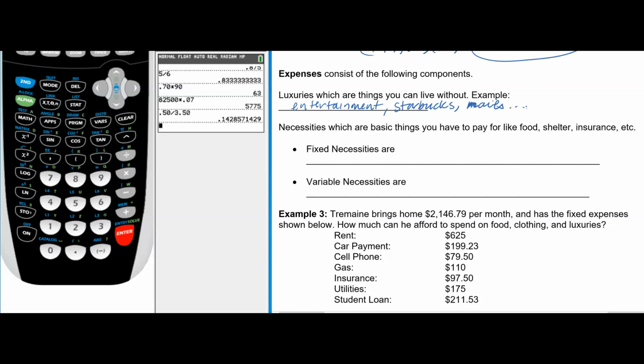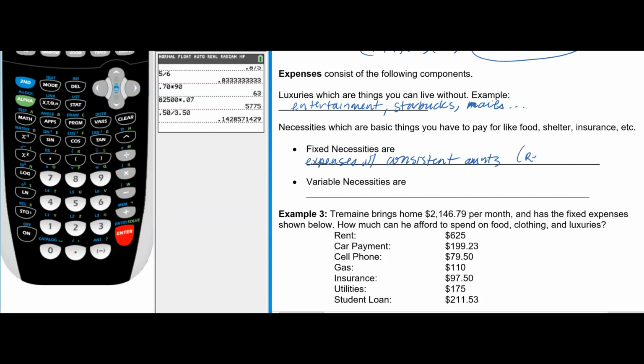Necessities, which are different than luxuries. Those are things that you have to pay for, like food, shelter, insurance, things that are more essential to living. So fixed necessities would be expenses with consistent amounts.